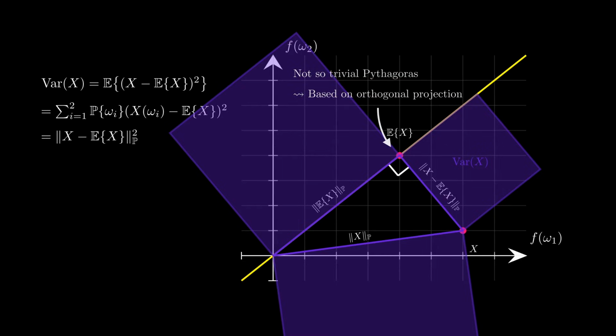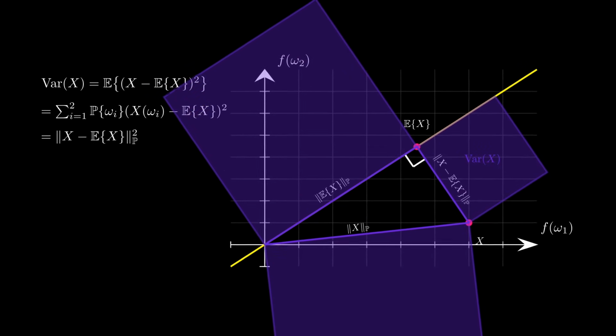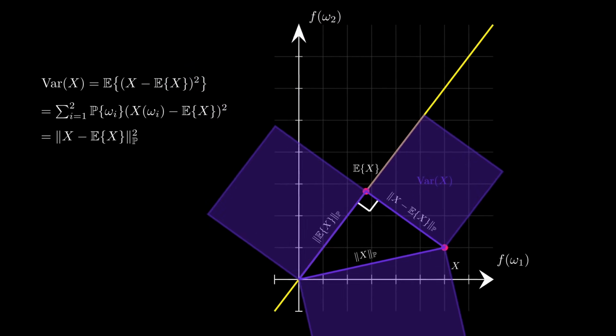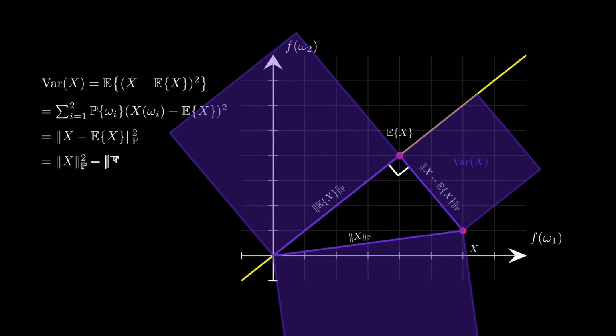Obviously, they are given by the probability-weighted norm of X, the probability-weighted norm of the expected value of X, and as we've already found out, the norm of the distance between them. So if we apply the Pythagorean theorem to this triangle, we find that we can rewrite the variance as the squared norm of X minus the squared norm of the expected value of X.